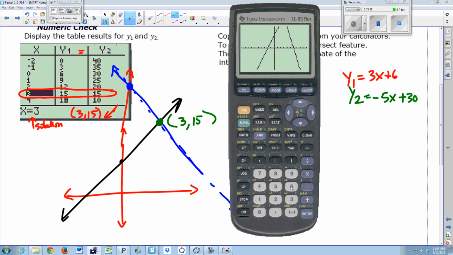Yeah, zoom 6 is standard. What's the problem right now with that picture? Yeah, I have to adjust it because what can't I see? You can't see the whole graph, or basically you can't see where the two lines are intersecting. So let's pull this out and put it down here in our notes.